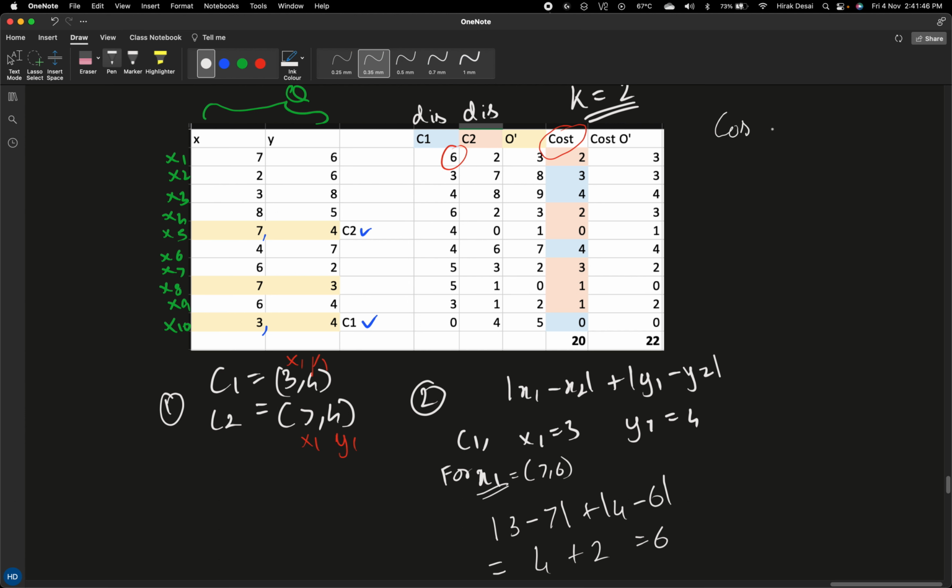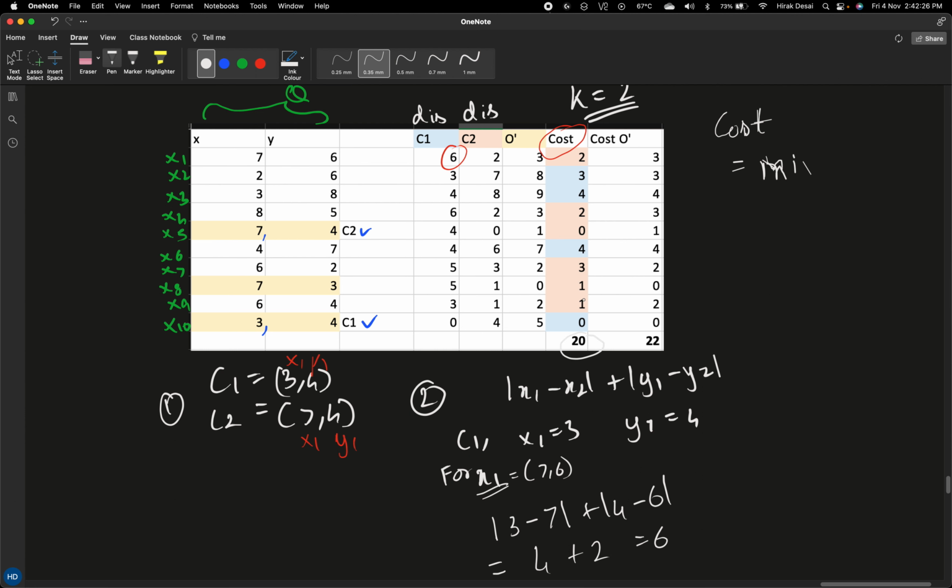I'll explain. Cost is the minimum of these two. For 6 comma 2, this becomes your 2, as 2 is the minimum. That becomes part of your cluster 2. So whatever is minimum. Once that is done, you calculate the total, the total being 20 over here.